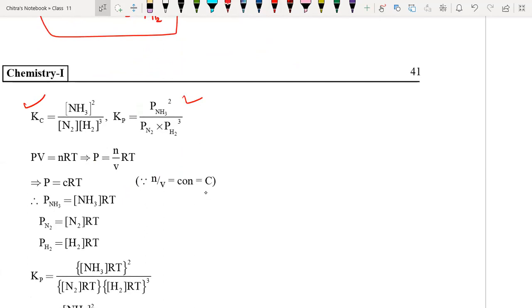Now we know the ideal gas equation. What is the ideal gas equation? It is PV equals nRT.